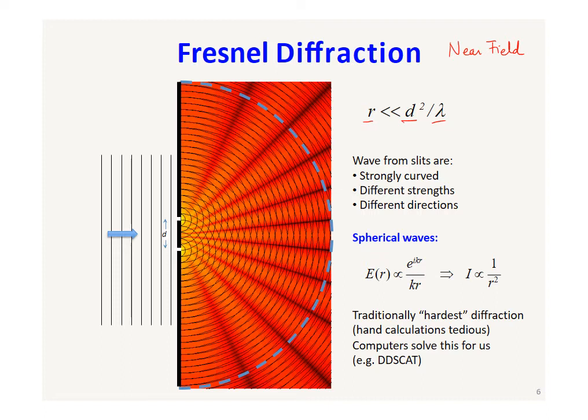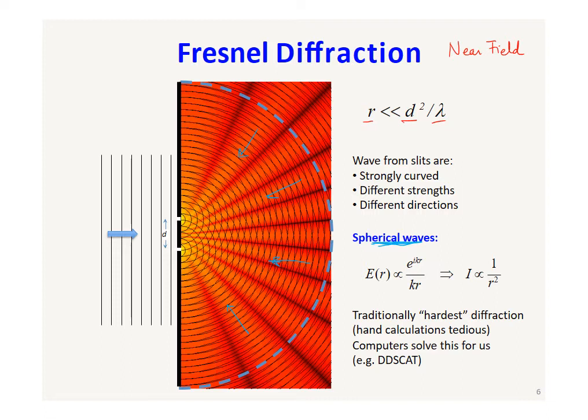When we are in this near-field region, which I'm indicating here with blue, then we need to take into account the spherical wave nature of the light that's coming from the aperture. And that gives us rather difficult calculations to do when we need to work out the superposition.